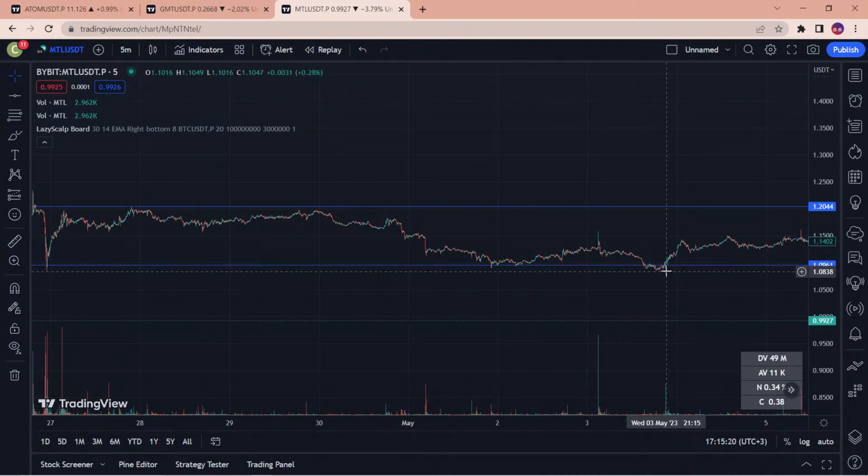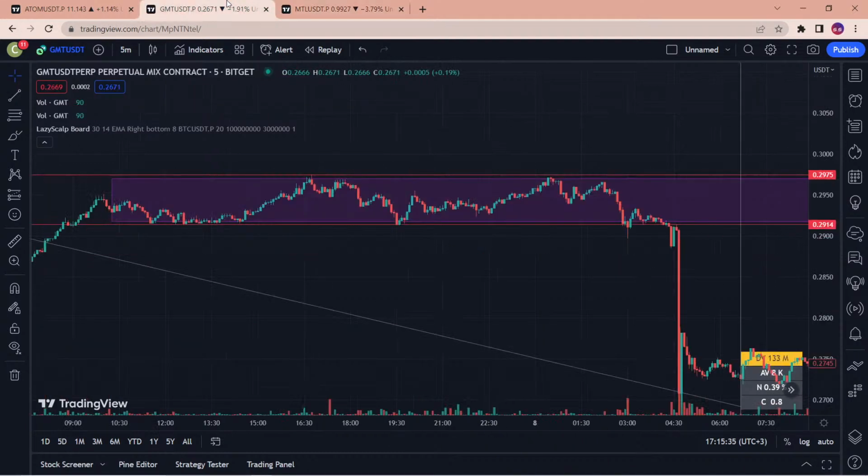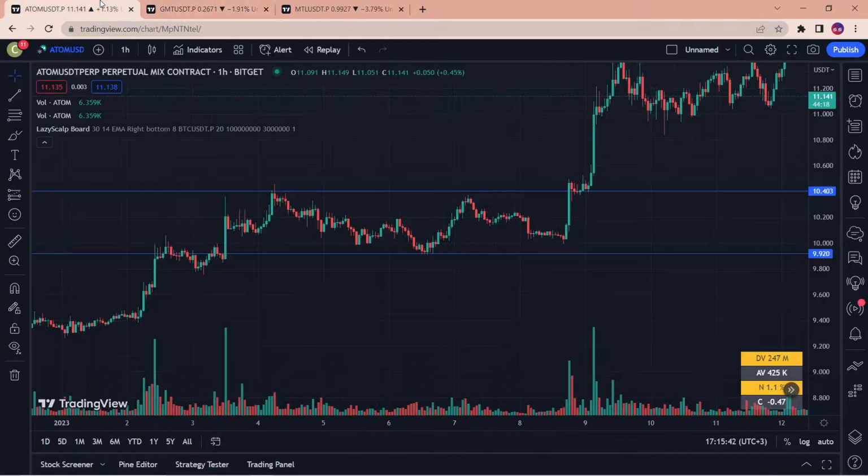How to distinguish? First of all, let's start discussing it from this case. First of all, we have very small daily volume, 49 million against 100 or 200, or ideally starting from 200, as you see.